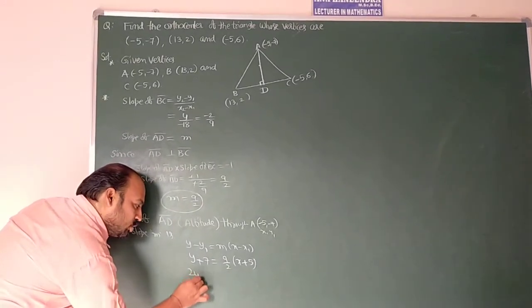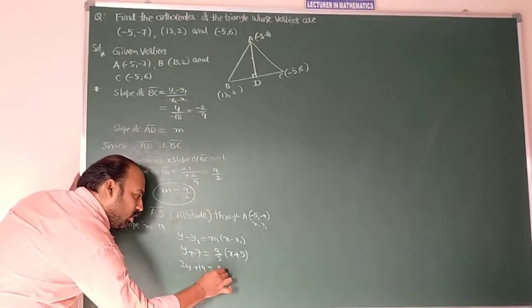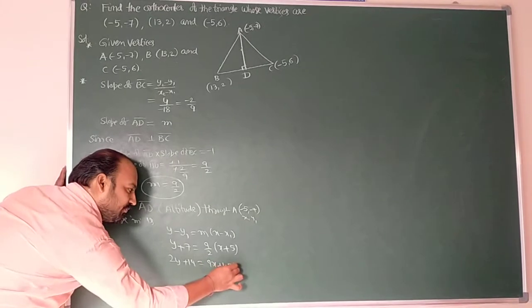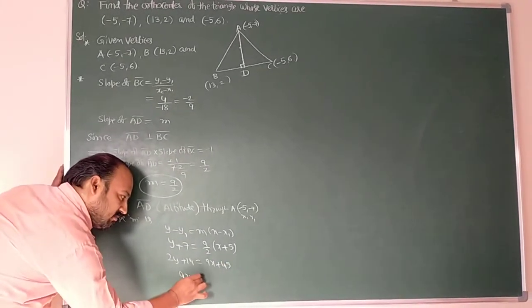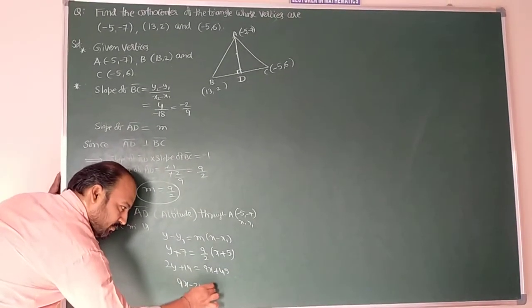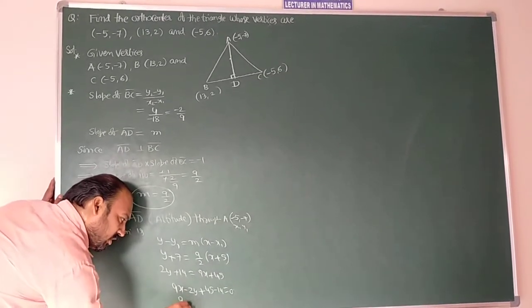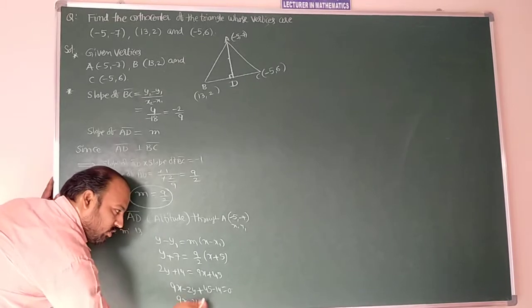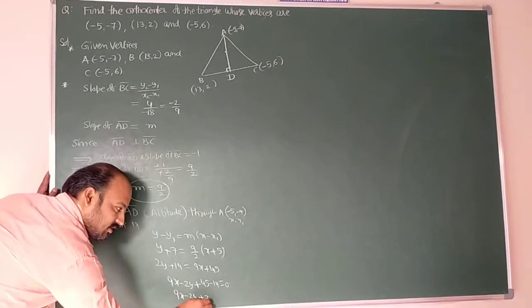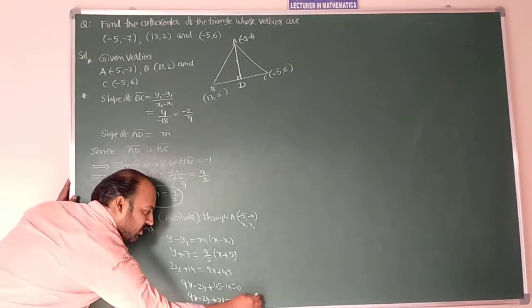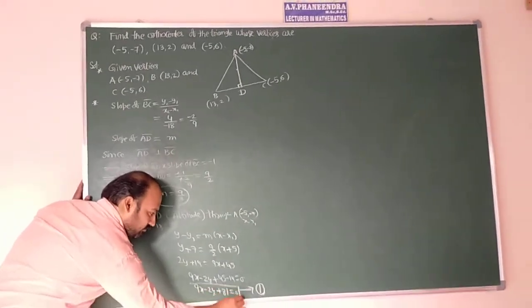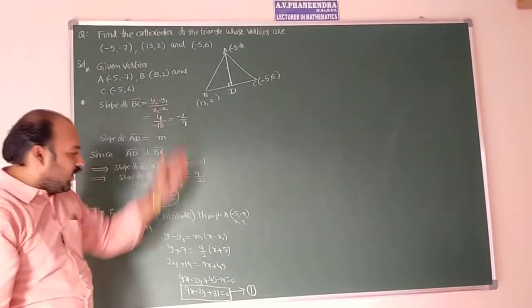Cross multiply: 2y plus 14 equal to 9x plus 45. 9x minus 2y plus 45 minus 14 equal to 0, 9x minus 2y plus 31 equal to 0. Equation number 1. This is the equation of AD altitude.